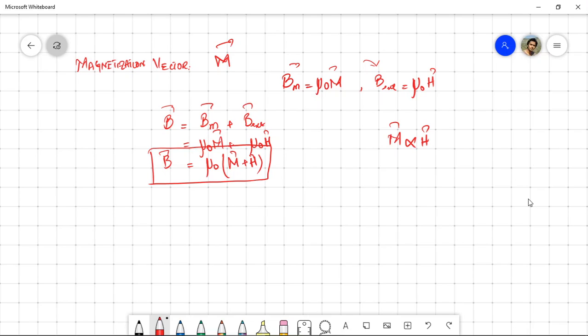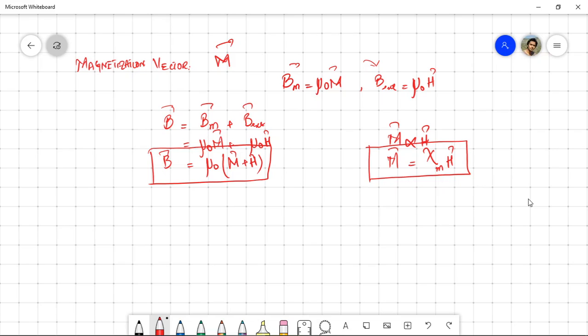More and more atoms will align themselves in the direction of the external magnetic field, and as a result this M will increase. So we can say that M is equal to susceptibility times H. We can relate this with the concept that we studied in electrostatics also. He is saying that this chi_m is basically the magnetic susceptibility of the material.